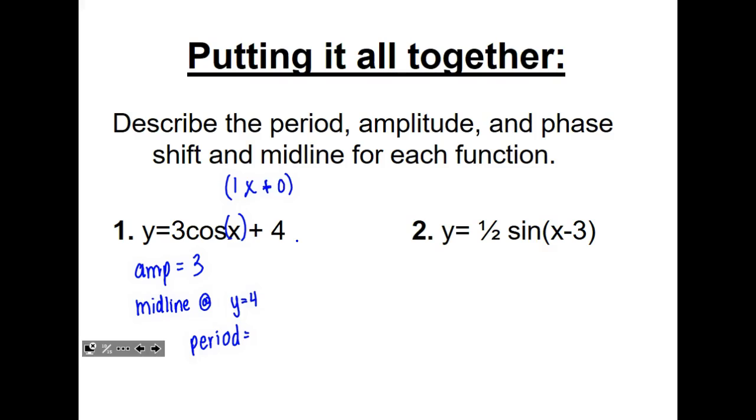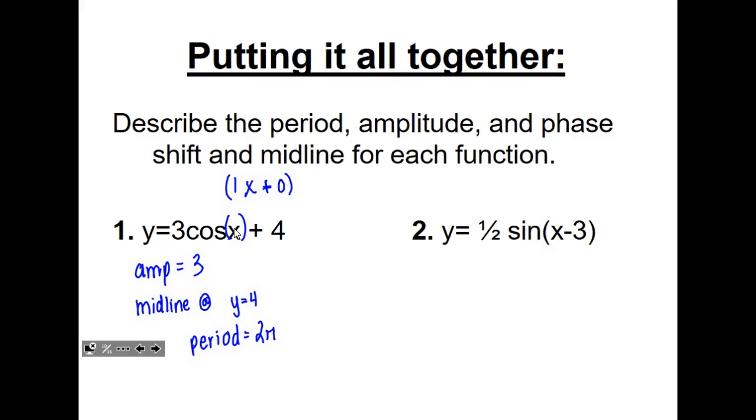Nothing, so it'd be 0, right? If we're wanting it to look like that other function. So if you just have an x there, the period does not change. So the period for sine and cosine is 2 pi, right? It's always 2 pi, unless you have a number here. Okay, so it's just 2 pi.